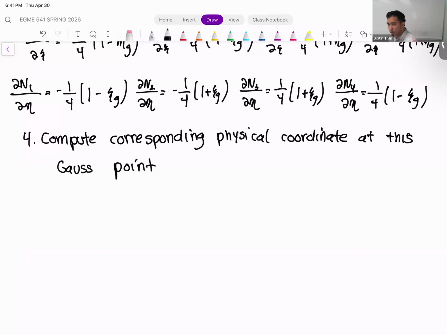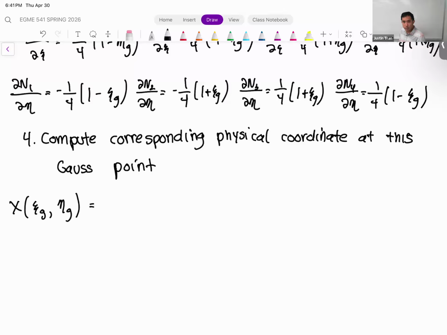So we need to compute what that is based on our shape function values that we've already computed and based on the coordinates of the nodes in the physical space. That makes it sound very complicated, but we've actually already seen this expression here. This is basically just computing the function x of epsilon g, eta g.